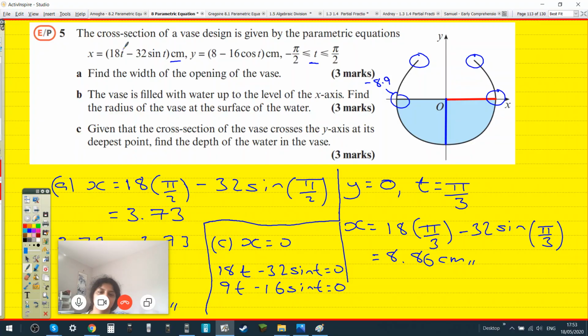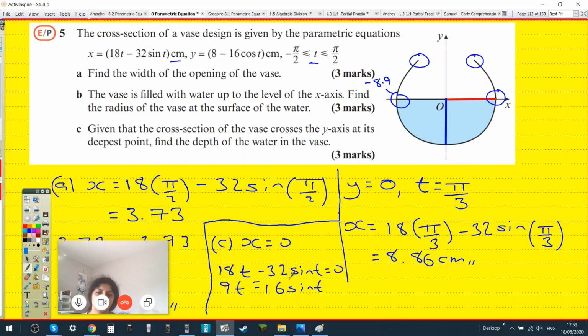But when you just have 9t is equal to 16 sine t, I don't know how to solve that. I have no clue how to solve that.